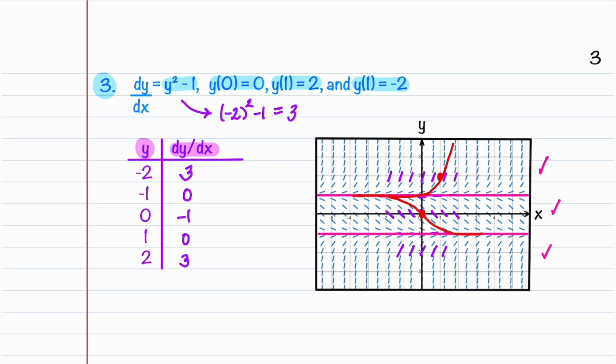Now let's look at our last condition. That one is y at 1 is equal to -2. So when x is 1, y is -2. That's this point right here. This solution curve looks like this. We're going to start down here, come up through that point, and then we're going to end on the line y is equal to -1.